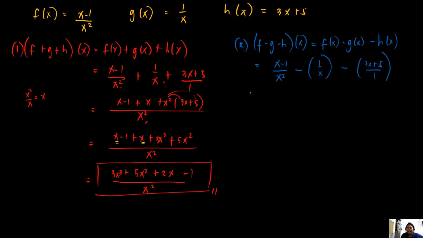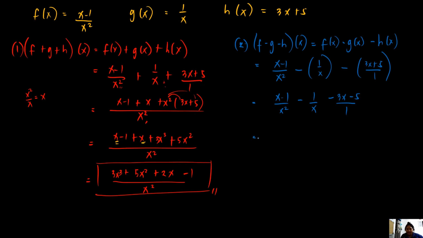Nilagyan ko na siya ng 1 class ha, since yung mga kasama niya is a rational function. So, meaning fraction sila. Okay, then let's simplify. x minus 1 all over x squared minus 1 all over x minus 3x minus 5 all over 1.